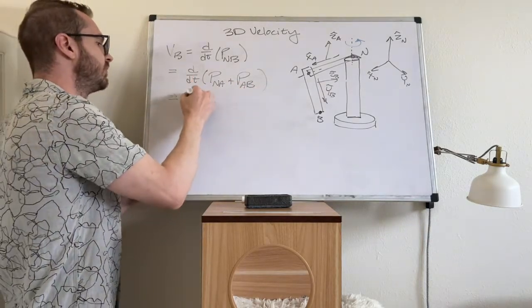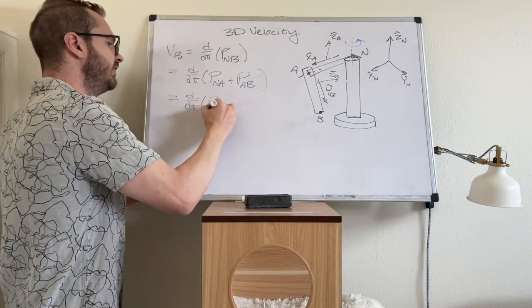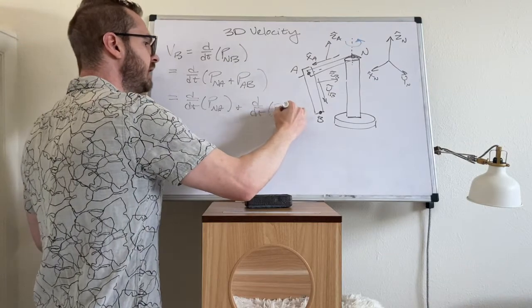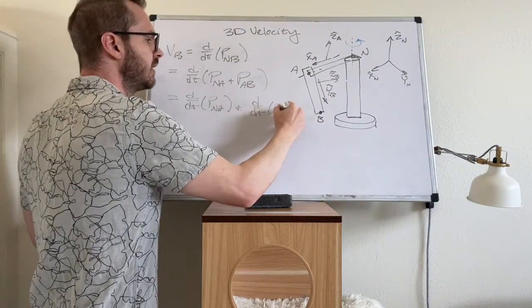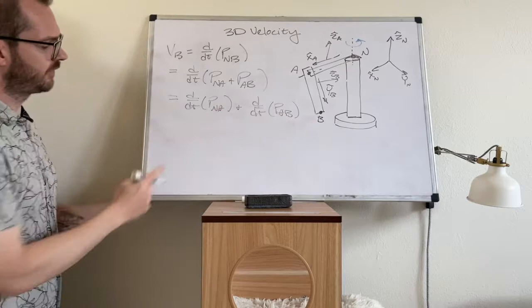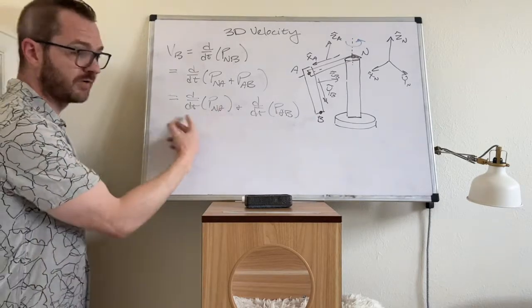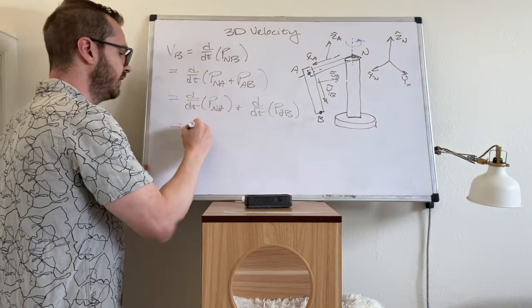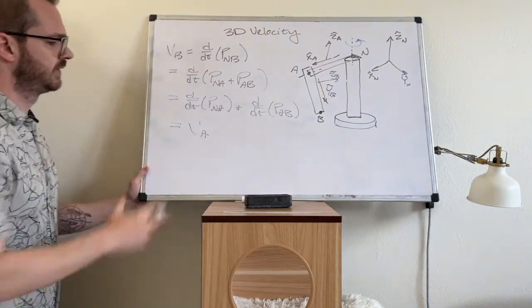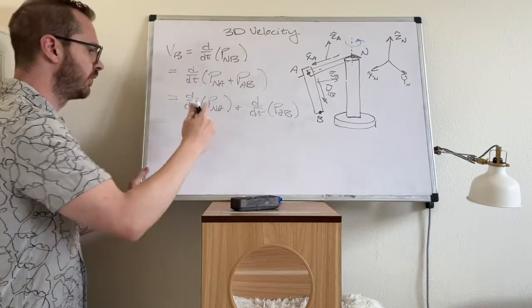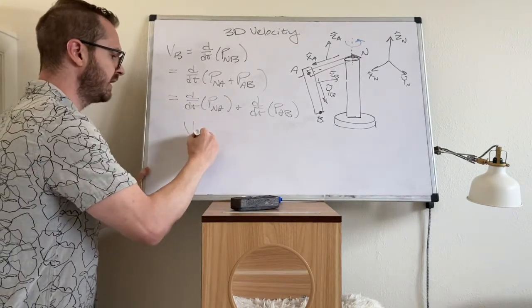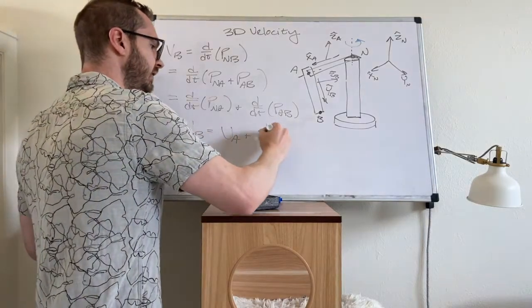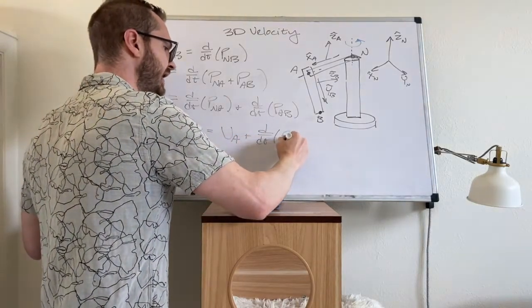So this is d/dt of P N to A plus d/dt of P A to B. Okay, so what's this first piece? We've actually done this already. This is VA. So let's rewrite this whole thing. VB is equal to VA plus d/dt of P A to B.